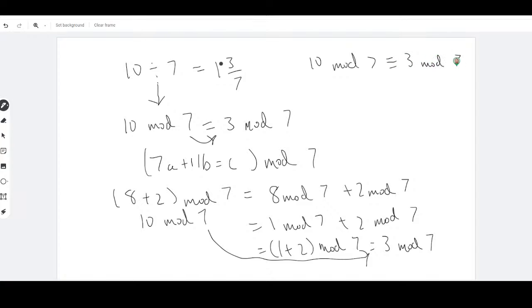What this is saying is that 10 divided by 7 has the same remainder as 3 divided by 7. Usually you want to think about the mods in the least number.